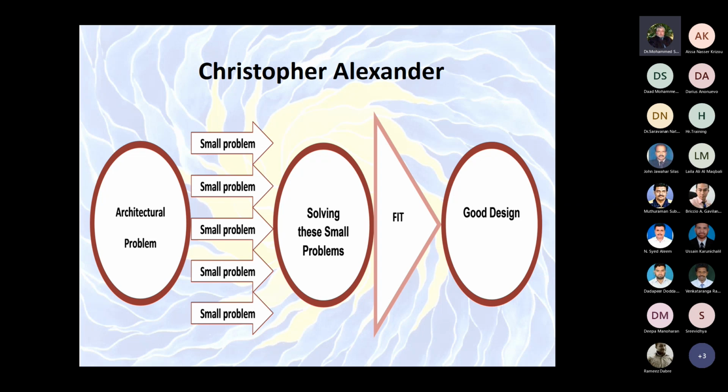So this is an explanation of what Christopher Alexander told us if we want to teach design. At first, he said that architectural design is like an architectural problem, a bigger problem. So if we want to solve this problem, we have to divide this big problem into small problems, solve these small problems, and then fit and merge them together to get a good design.